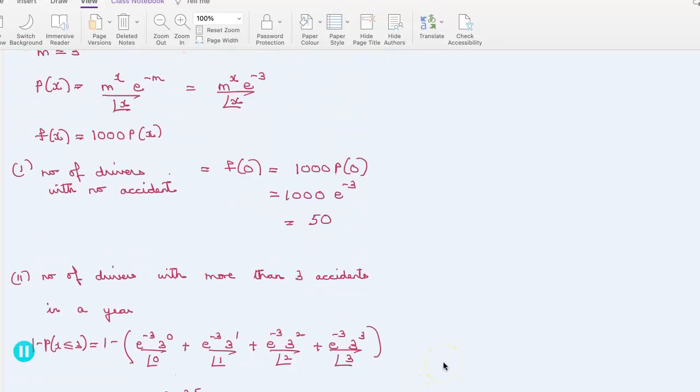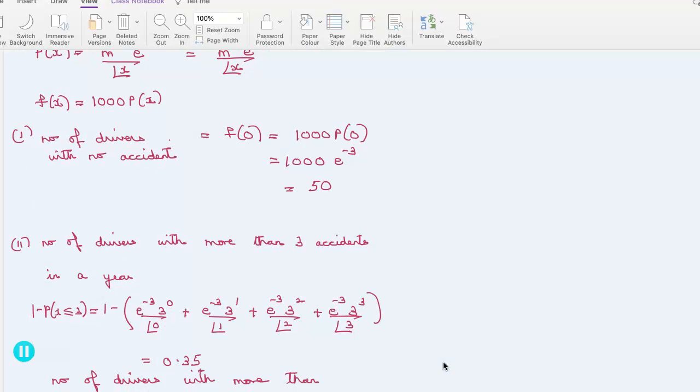And number of drivers with more than 3 accidents in a year will be 1 minus number of drivers with less than or equal to 3 accidents. So this will be 1 minus p0, e raised to minus 3 raised to 0 by 0 factorial. What is p1? E raised to minus 3 raised to 1 by 1 factorial. Plus p2, e raised to minus 3 squared by 2 factorial.